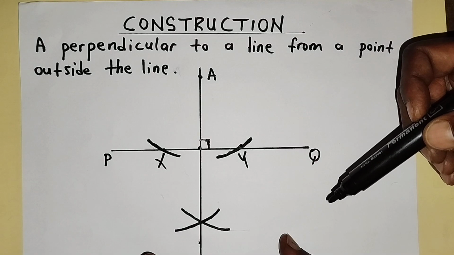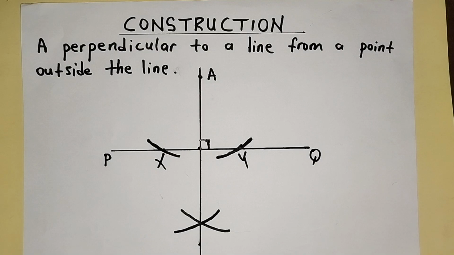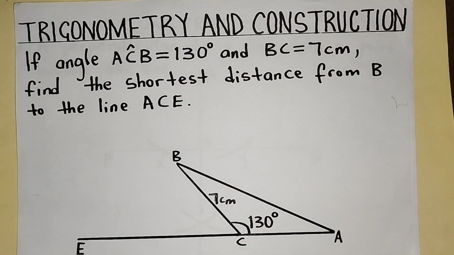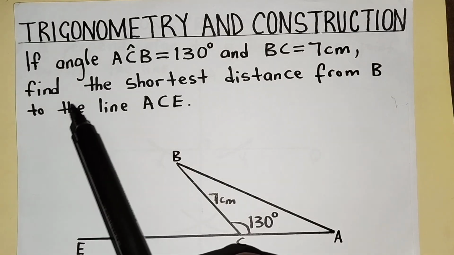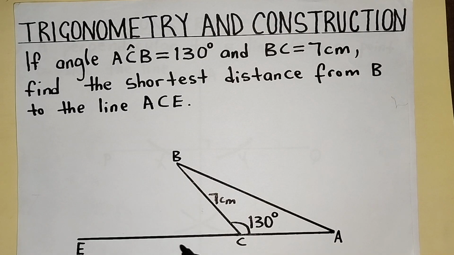So we are going to apply this method to find the shortest length from the point B. Remember what our question required. Let me just bring it back so that you can remember it. Our question was saying I want to find the shortest distance from point B to the line ACE.